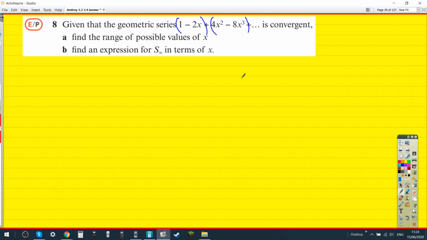This isn't a second term. It goes first, second, third, fourth. They're just swapping signs each time. Right. So would I do something like r equals minus 2x? Yep.